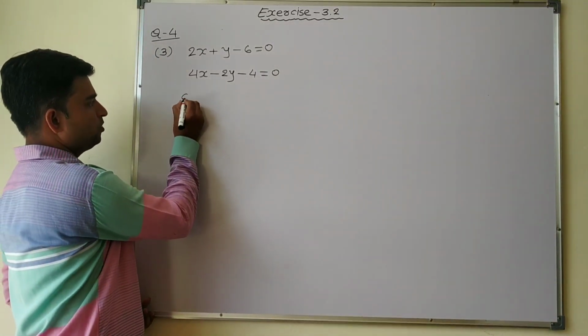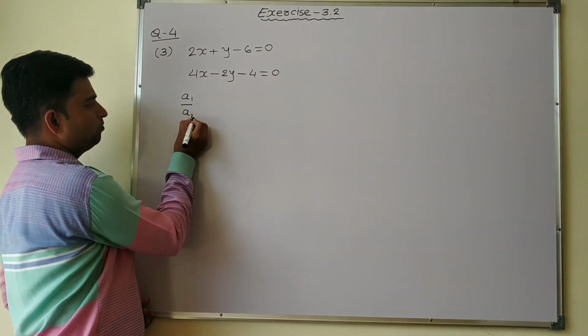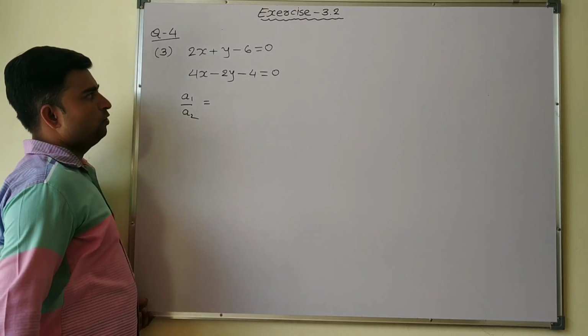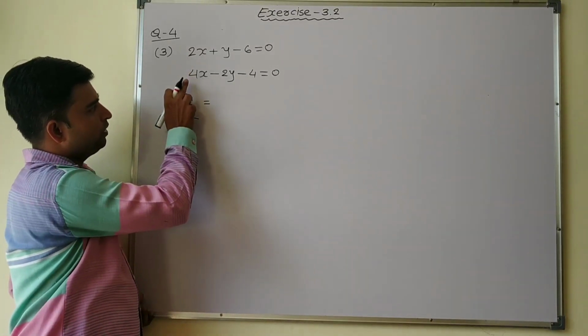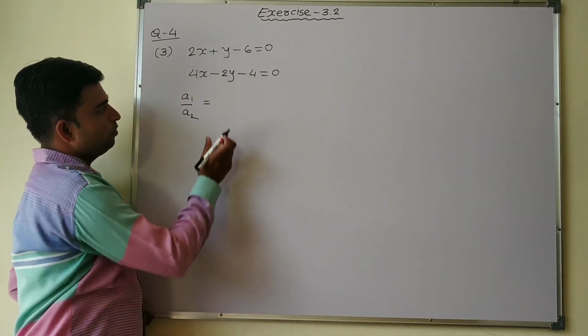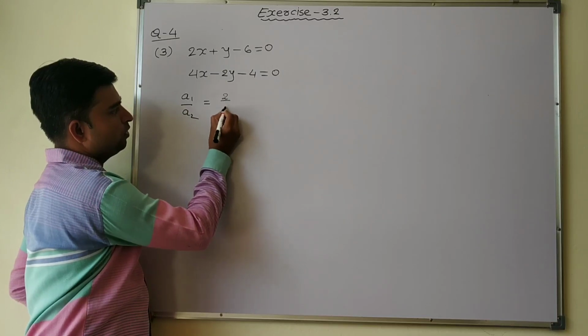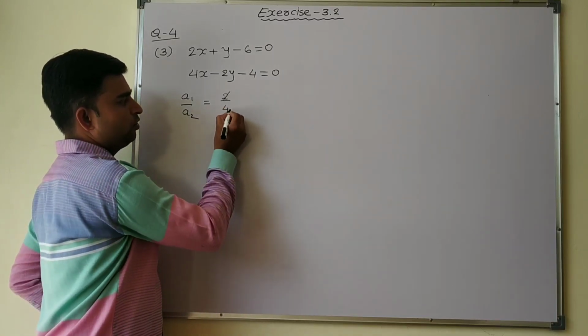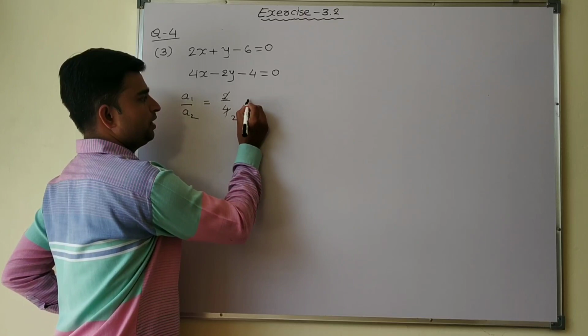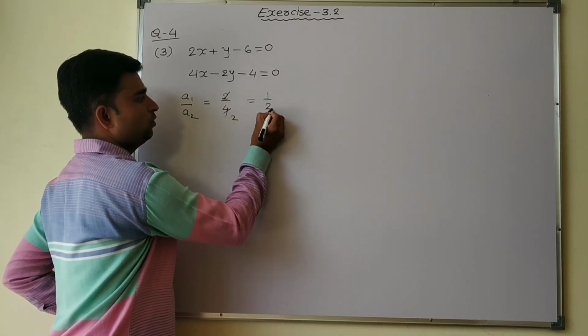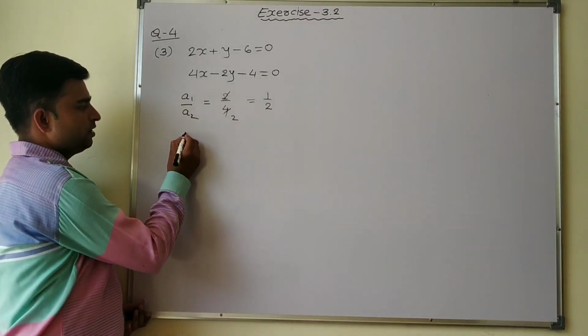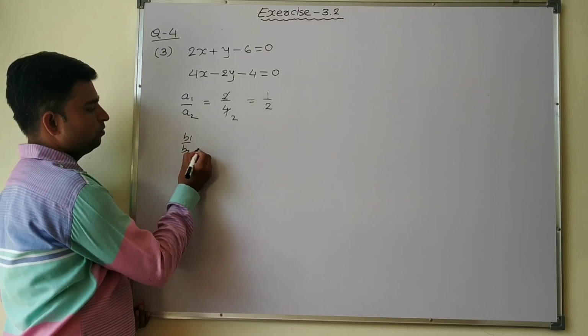So first directly we find the ratios. The first ratio, A1 upon A2, is equal to, from here 2 and from here A2 is 4. So 2 upon 4. Now 2 2s are 4, so 2 will cancel. So the answer is 1 upon 2. Now second ratio B1 upon B2.